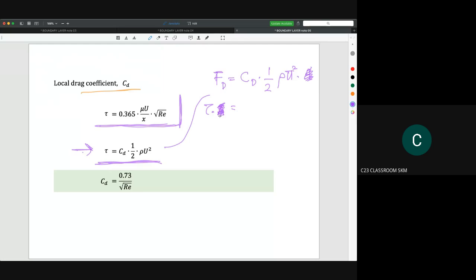Now it becomes tau equals C D times 1 over 2 rho U square.